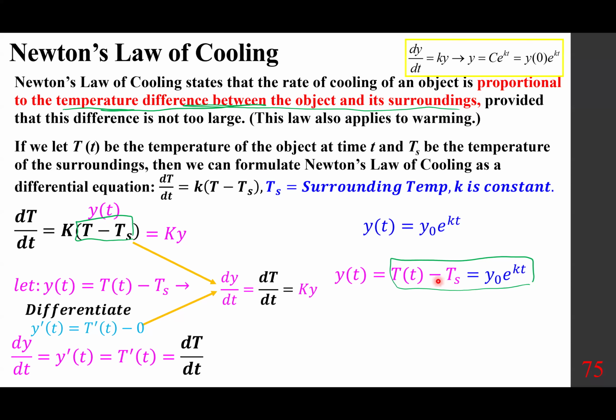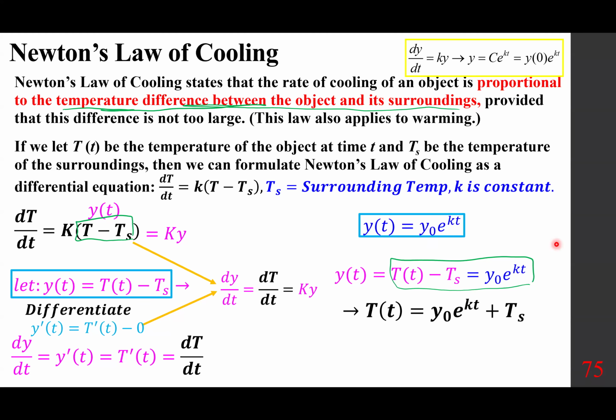And if I move T sub s to the right, so these two are the same. If I move that to the right, I get capital T of t equals y sub 0 e to the power of kt, minus T sub s goes to the other side, becomes plus T sub s. That's the proof of it, believe it or not.